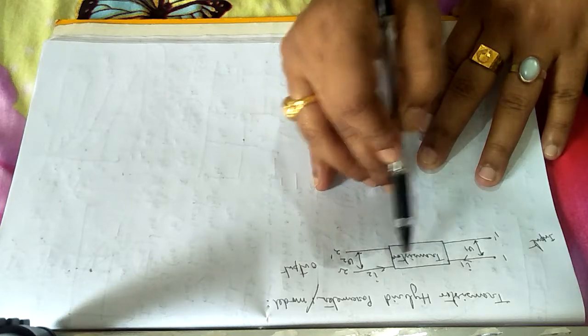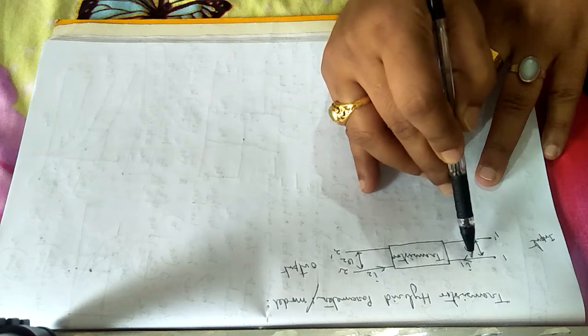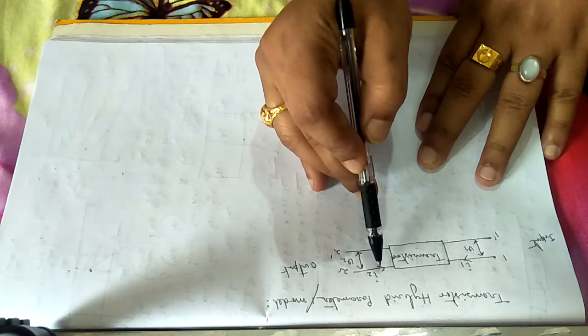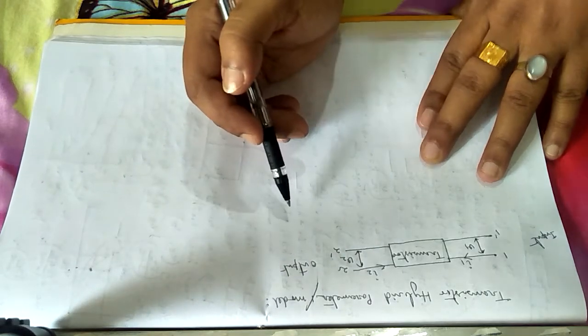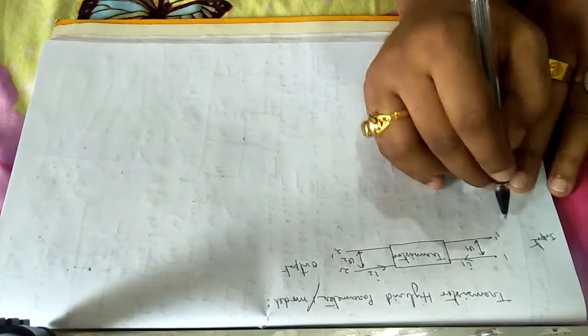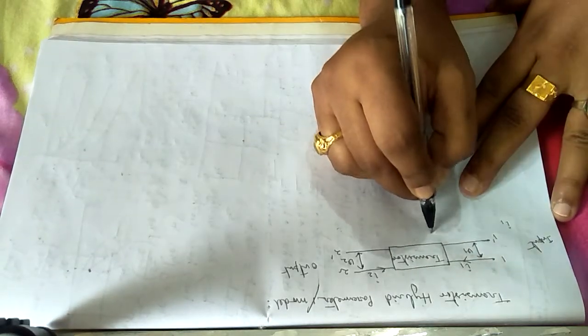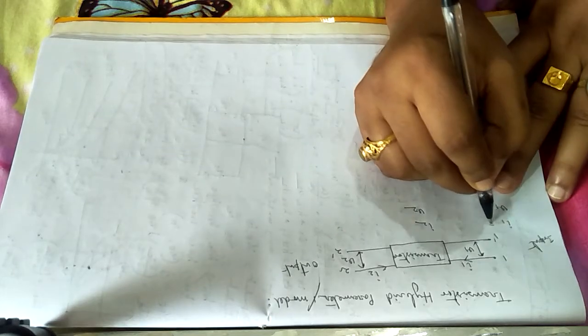Let this be the transistor. It has four terminals. Out of them, two are the input terminals, where I1 is the input current and V1 is the input voltage, I2 is the output current, and V2 is the output voltage. Now you can write, for simplicity, what these are: I1, I2, V1, V2.